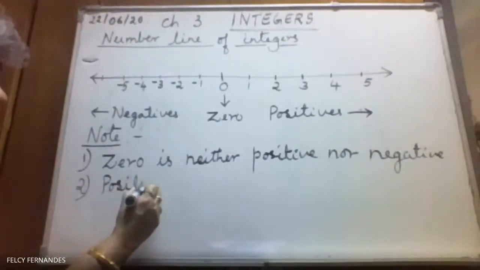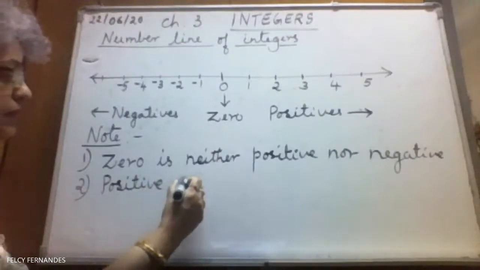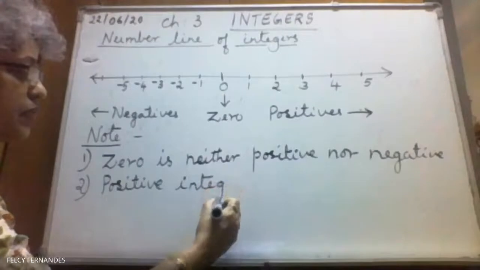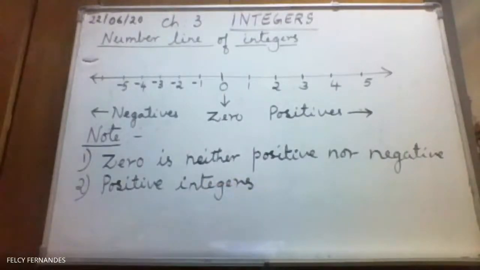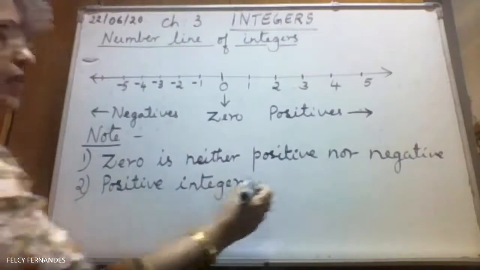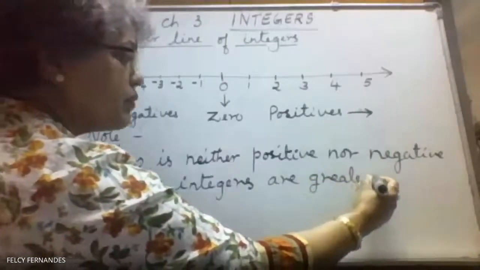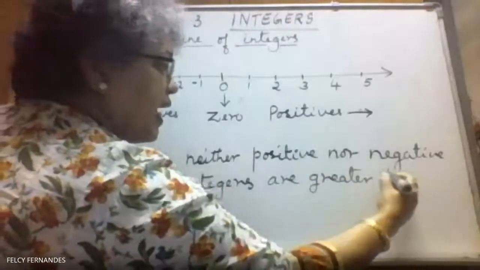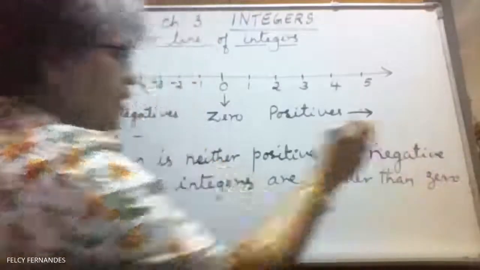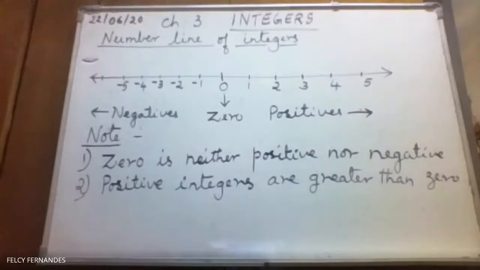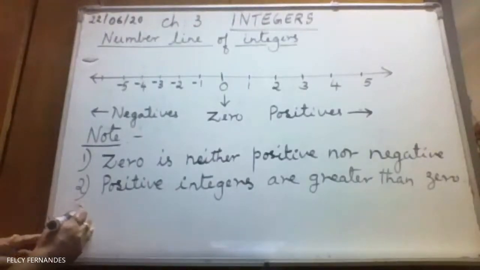Positive integers are greater than 0. Then leave a line.